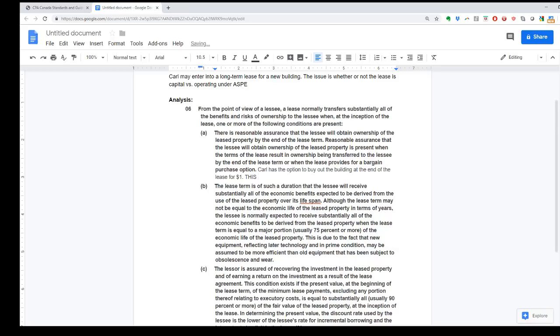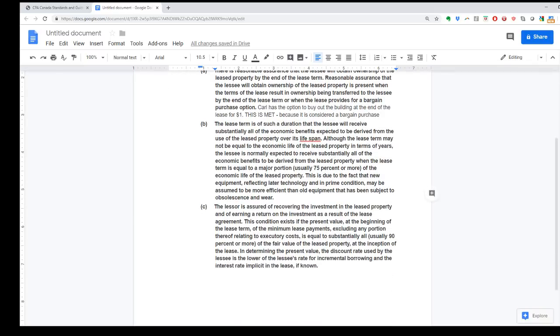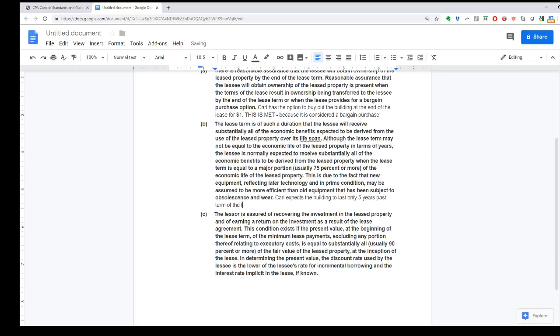This is met because it is considered a bargain purchase. Second criteria. Carl expects the building to last only 5 years past the term of the lease. Lease term is 20 years or 80% of the remaining life.